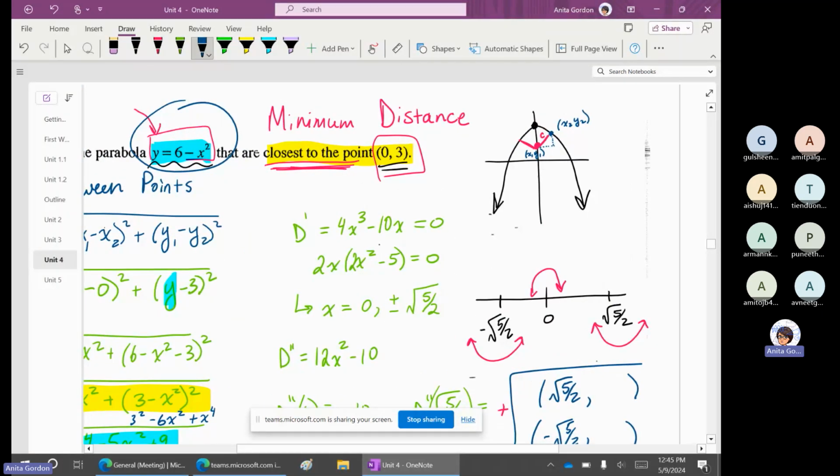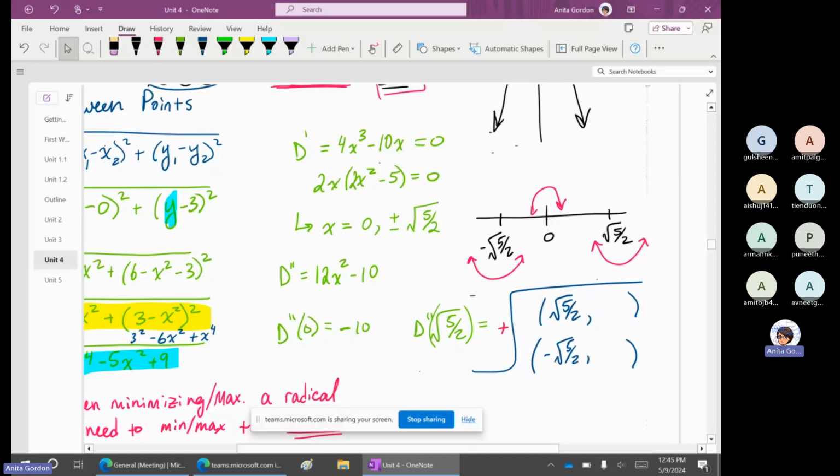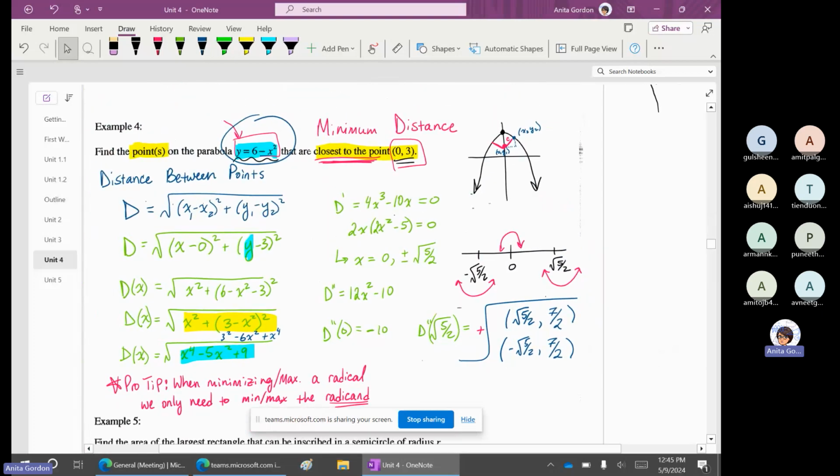Because we're interested in where it is located on the parabola. 7.5? For which one? Oh, I guess for both, right? Because that's the y value. 7.5. Beautiful. Okay, so again, visually looks icky, but when you actually go to do it, it's not that bad, right? Any questions about this one?